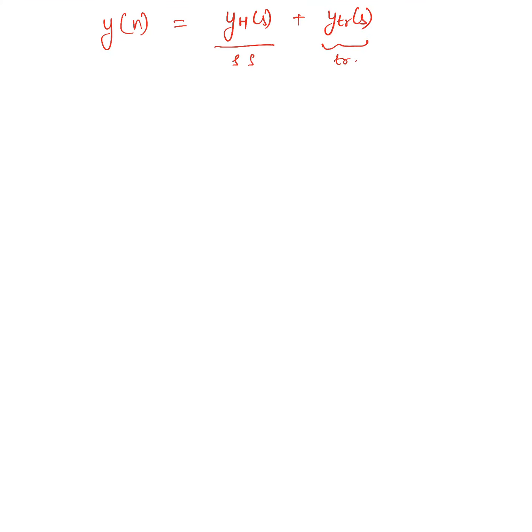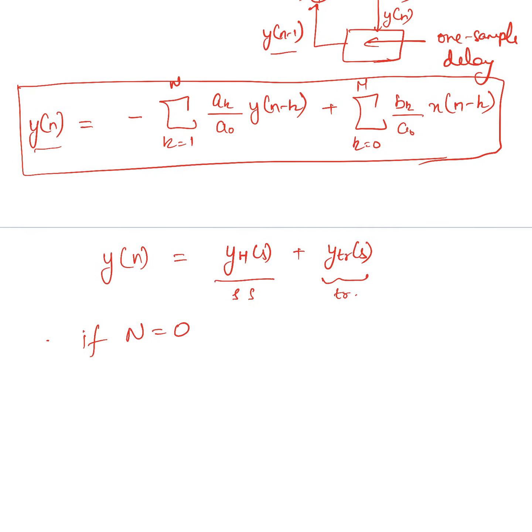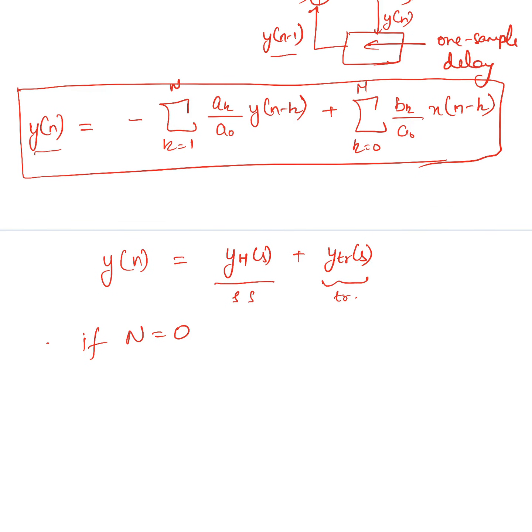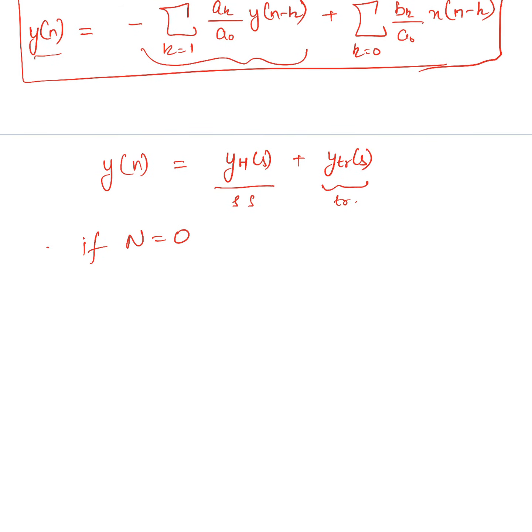So one specific case we can see is if you have capital N equal to 0 in the above difference equation, then this part would no longer be there. Then in that case your y of n would be equal to the summation from k equal to 0 to M of b_k by a naught times x of n minus k.